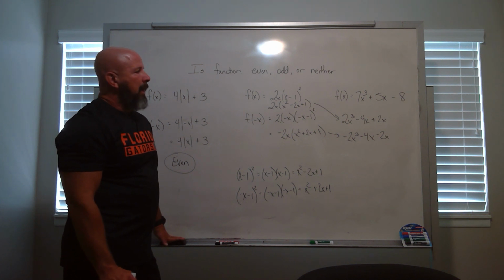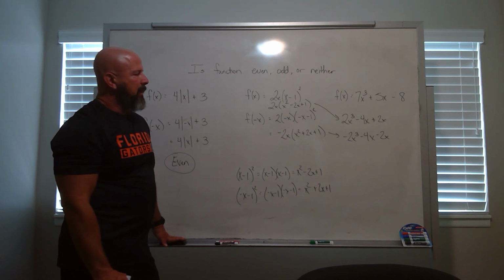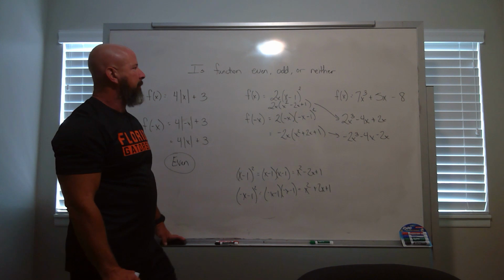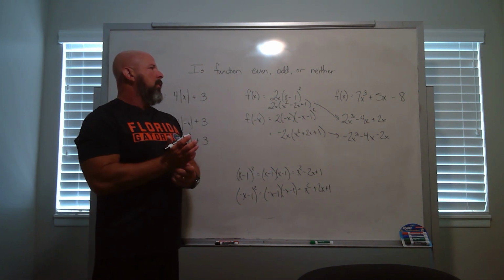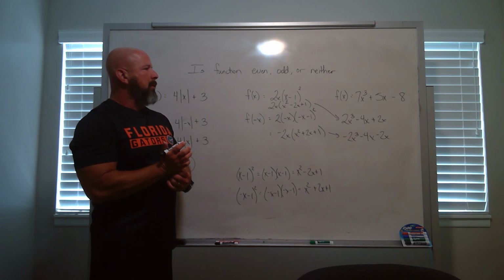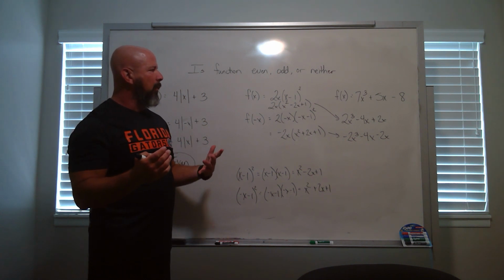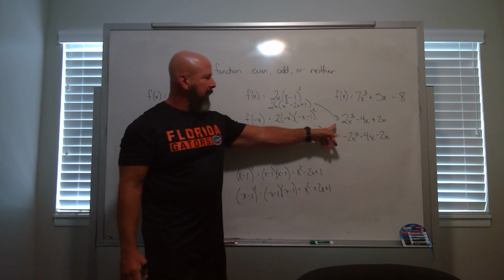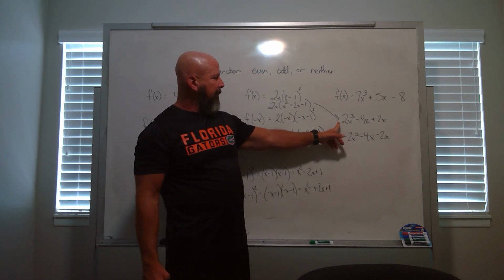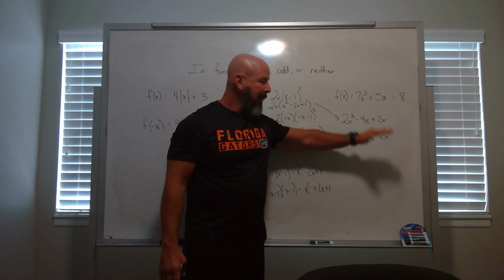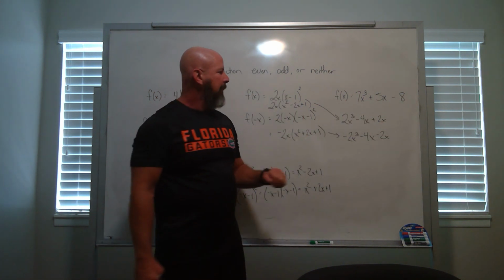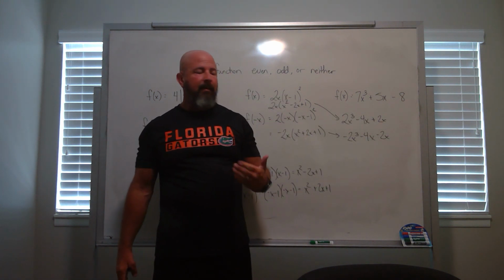All right, and I'm trying to decide: even, odd, or neither. We already know it's not even, so it's not the same thing. Odd would be, what if you multiplied the original by a negative 1? If I multiplied this one by a negative 1, I would have a negative, a positive, a negative, and that would not be that one. So odd would be the negative of the original.